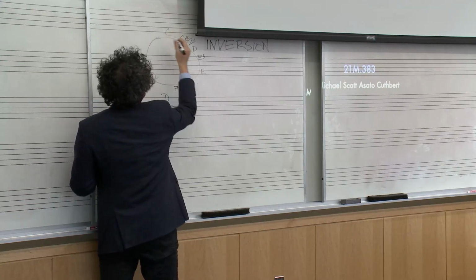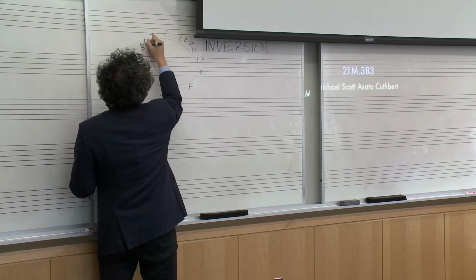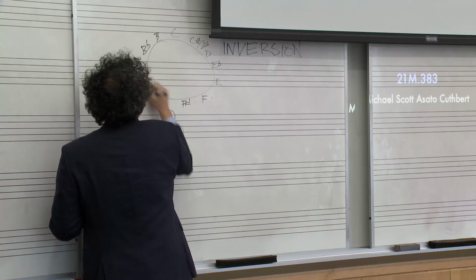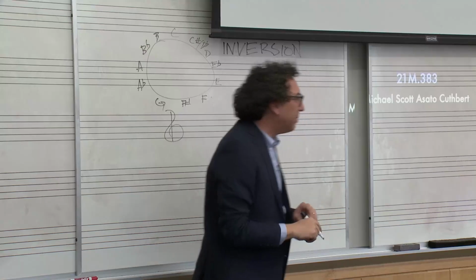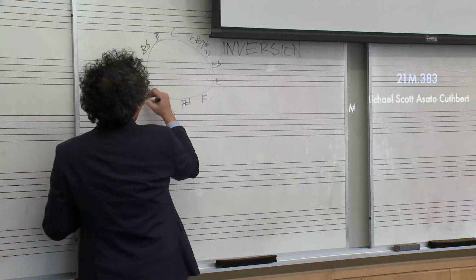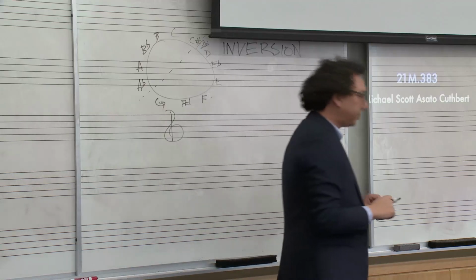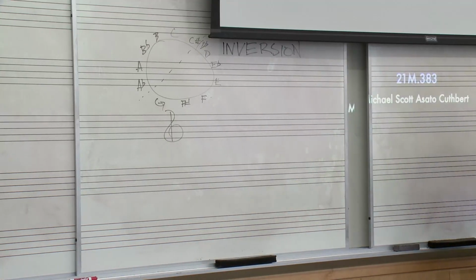Sorry, it's been a long time since I've written a circle of notes that is not the circle of fifths on the board. Okay, got that in order. And we've thought about this axis of inversion that you can have. Do you remember that? That can define ways that pitches can invert to each other.